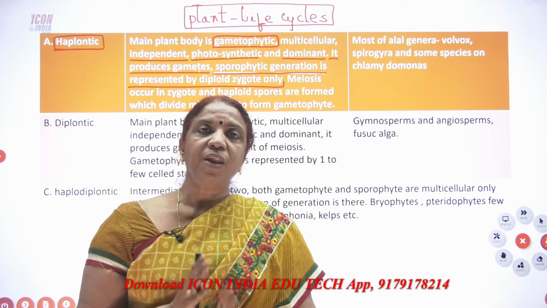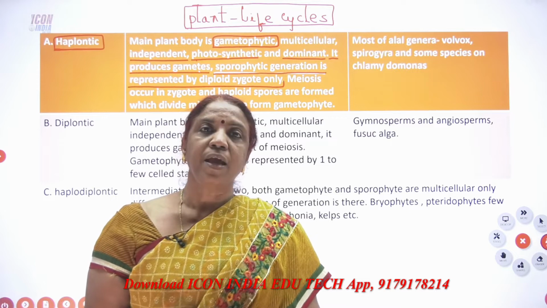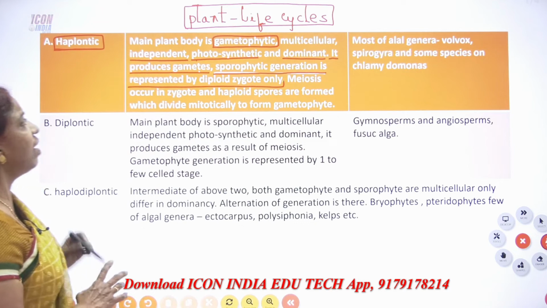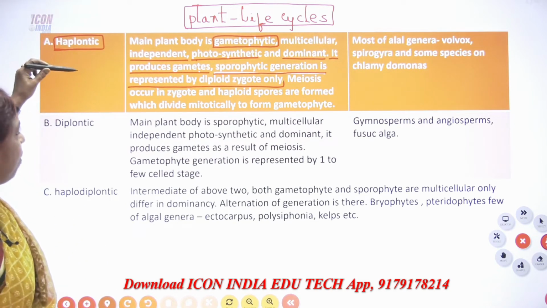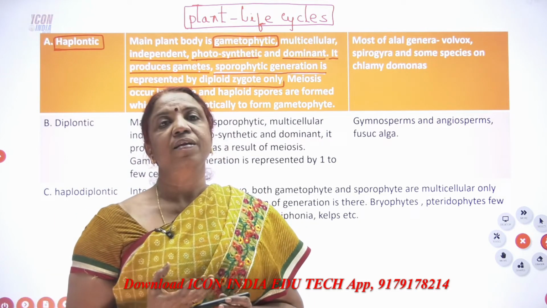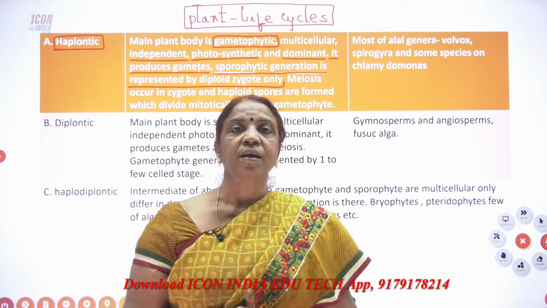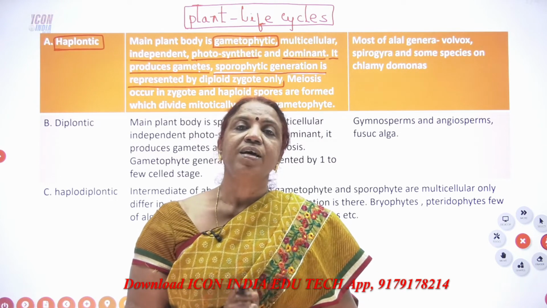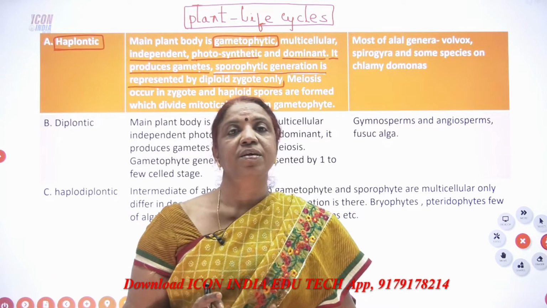In which type of life cycle is the sporophytic generation represented by a diploid zygote only? That is the Diplontic life cycle. And in which type of life cycle is the gametophyte dominant, independent, photosynthetic and autotrophic? That is also the Diplontic life cycle.